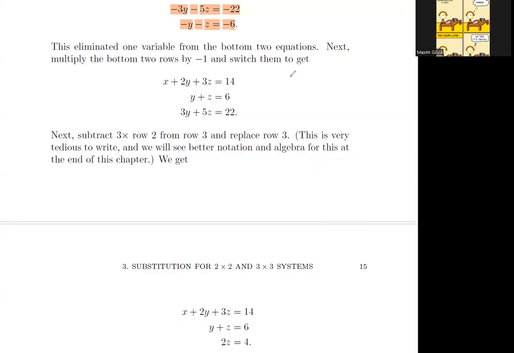So what we're doing is 3y plus 5z is 22. Subtract y plus z. That's the same thing as subtracting 6. Oh, sorry, 3 times. 3 times that. And we get 2z here. And on this side, you get 4. So z is 2, or 2z is 4.